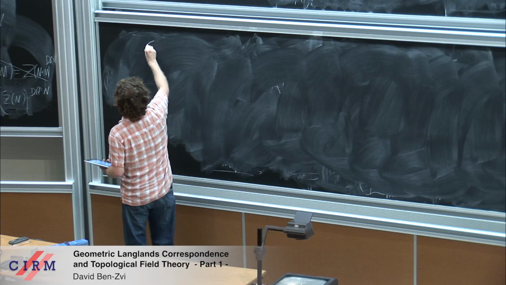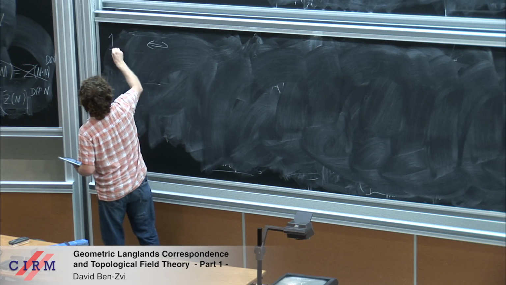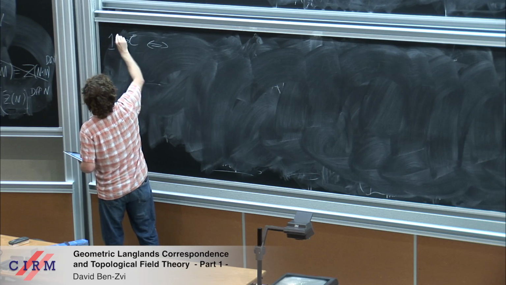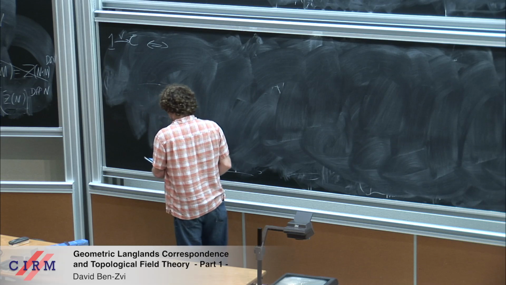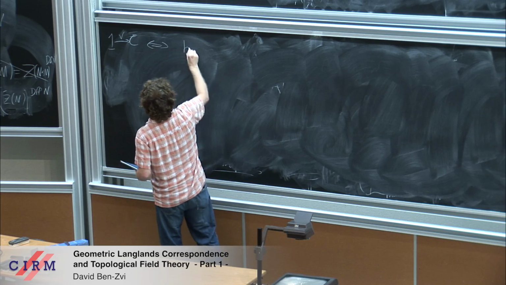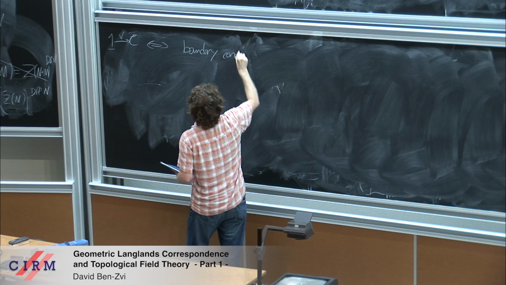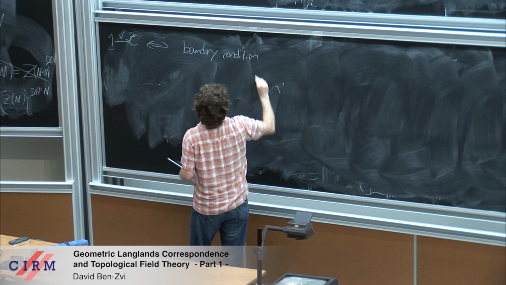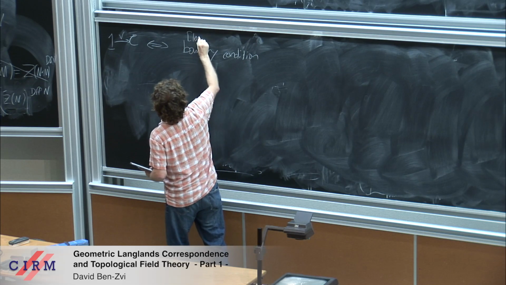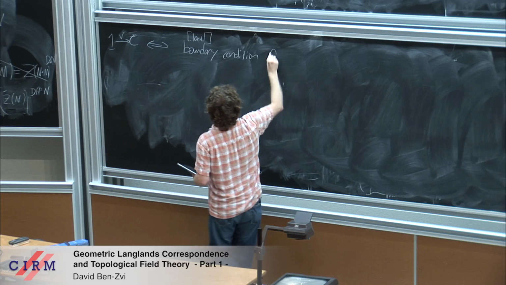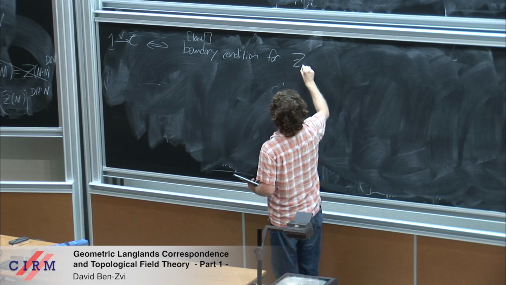These maps from the unit to C, which are k-dualizable, are the same thing as what a physicist would call a local boundary condition. So I could say maybe local boundary condition for the topological field theory determined by C.